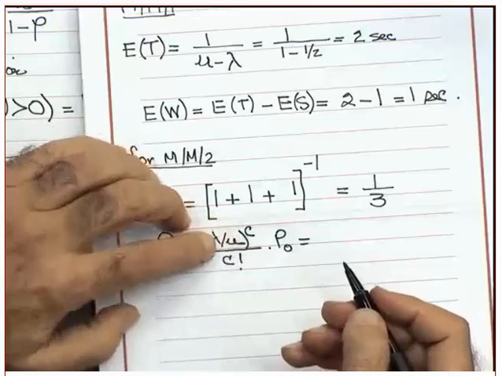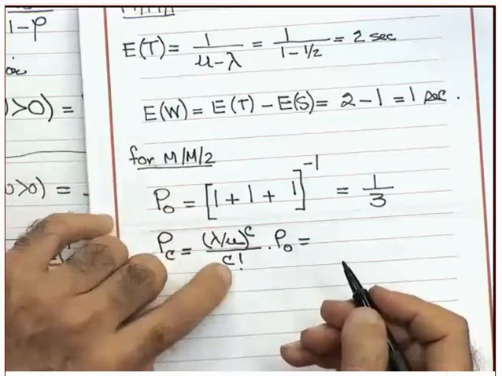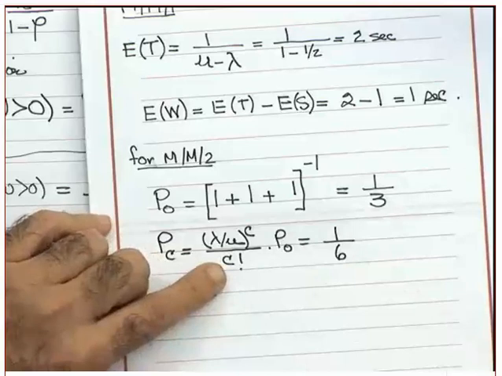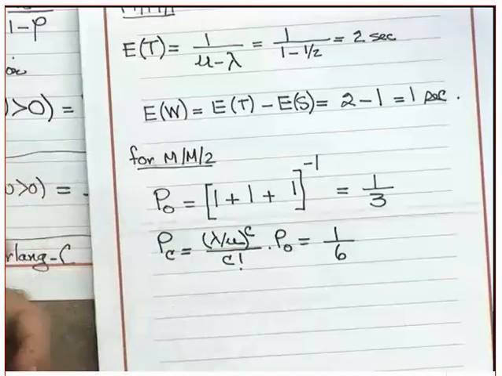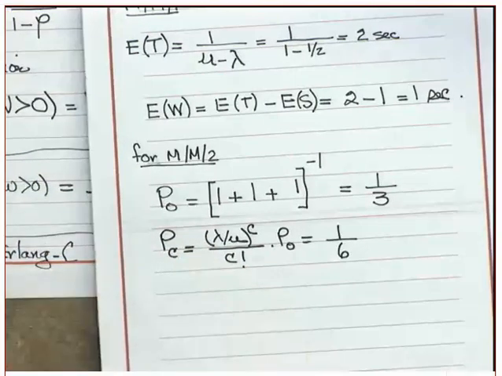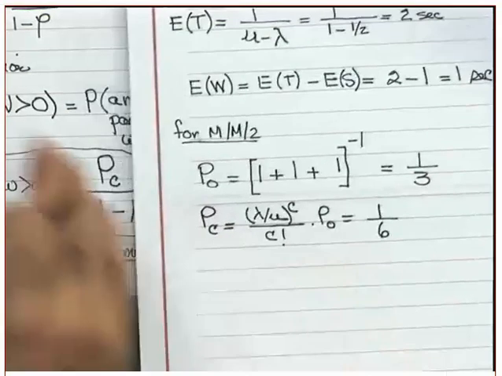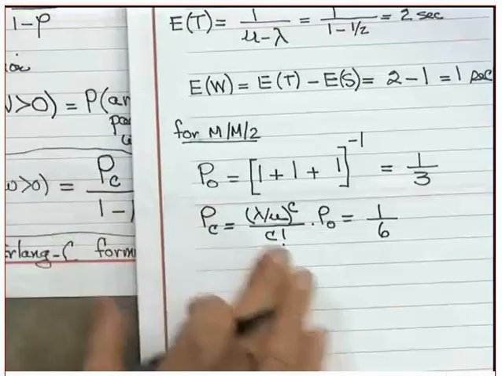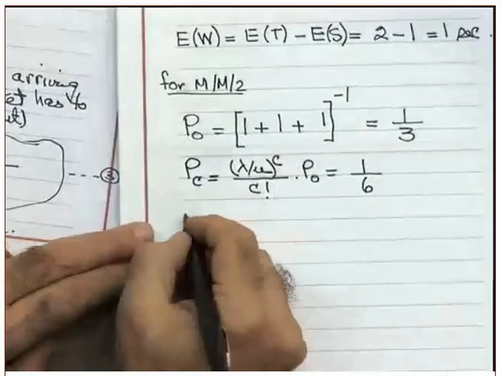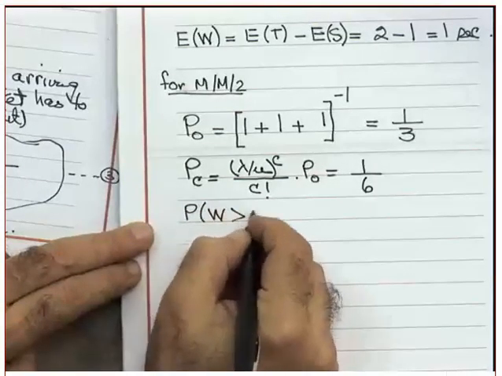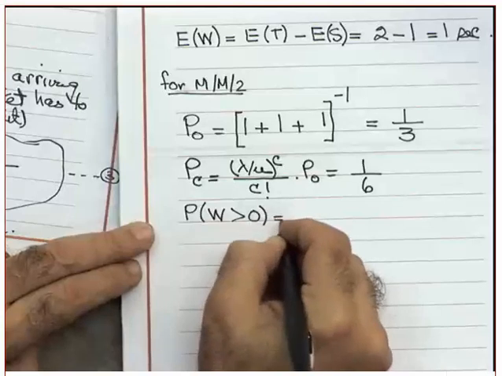So this one is 1 over what? So this one is 1/6. Do you agree? Agree? No response. Oh, now, what else do I need to find? What is E of NW? Do I need to find something else or that's it? Okay, what is the probability that W is greater than 0? Which is the Erlang C?